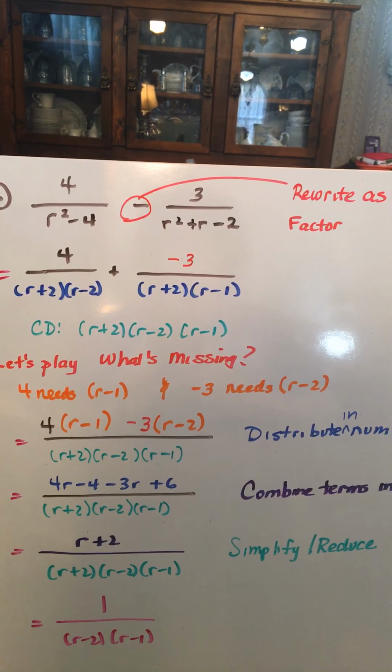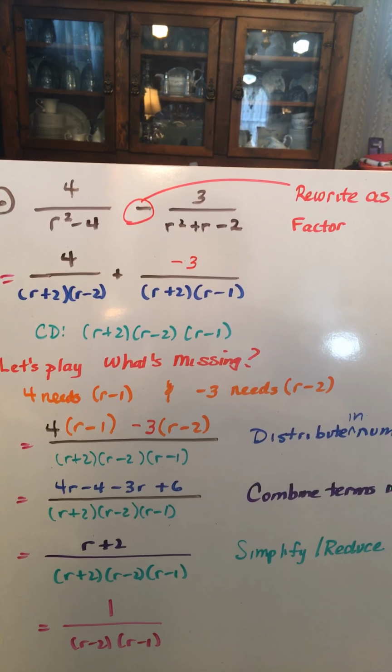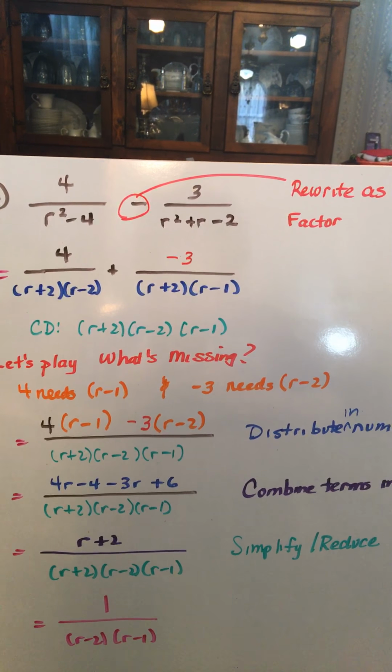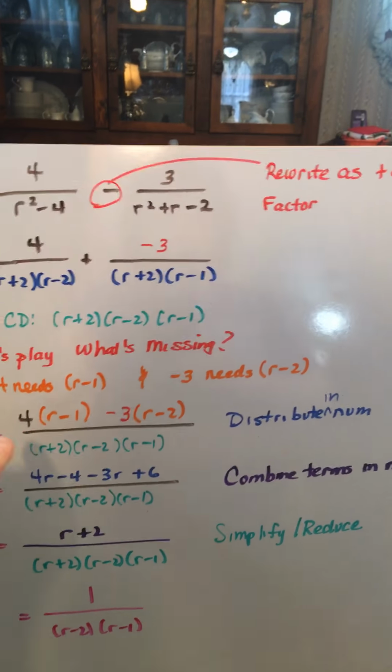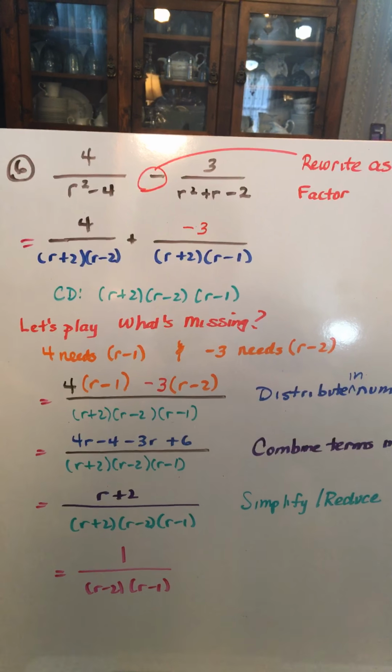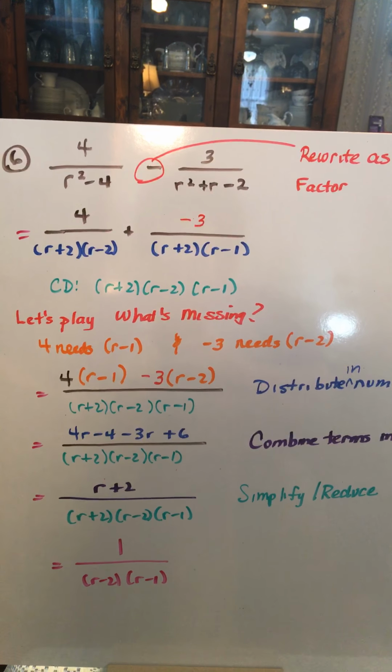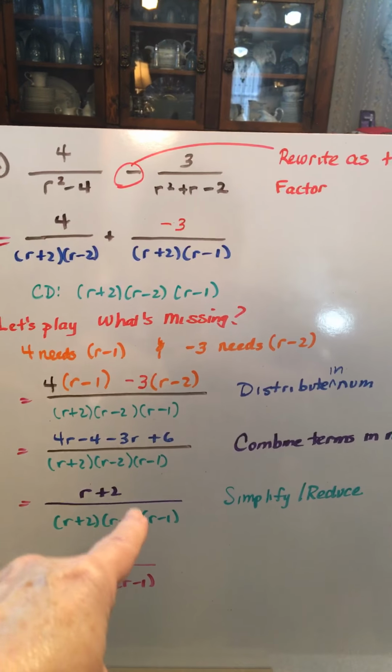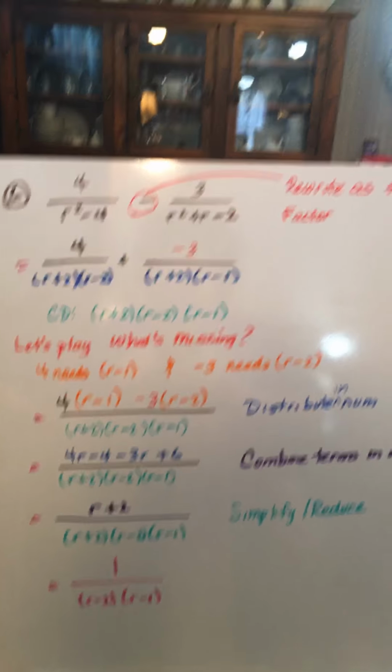So 4 needs x minus 1, and negative 3 needs x minus 2. So I place them in their appropriate positions. I distribute 4x minus 4, negative 3x plus 6. I combine, and I have x plus 2.